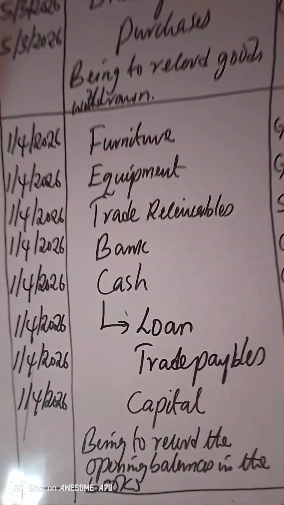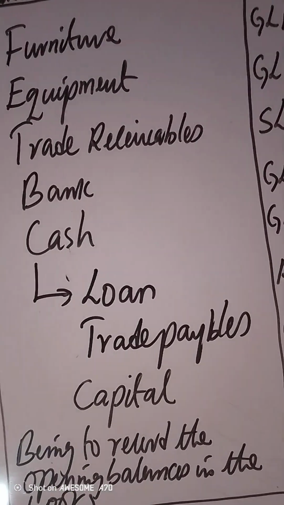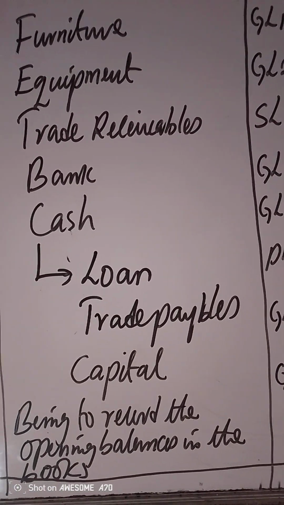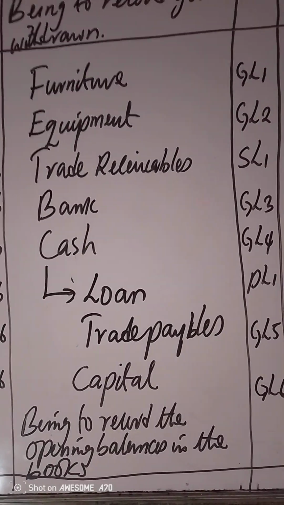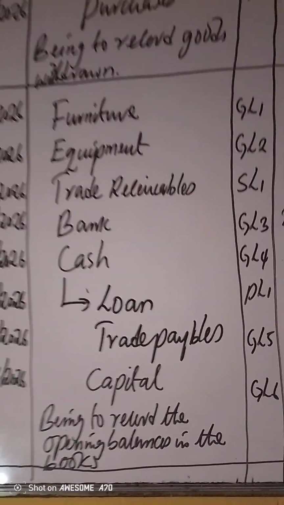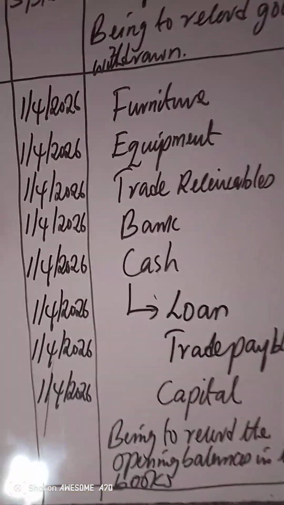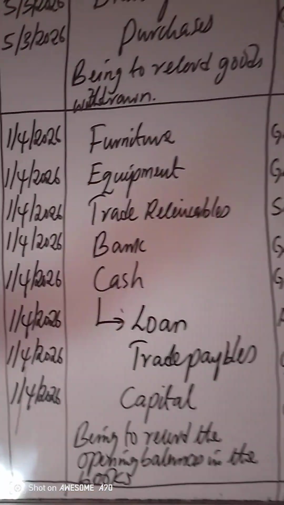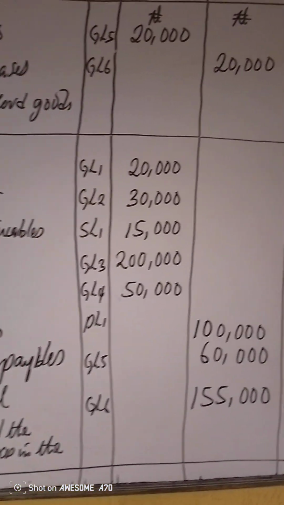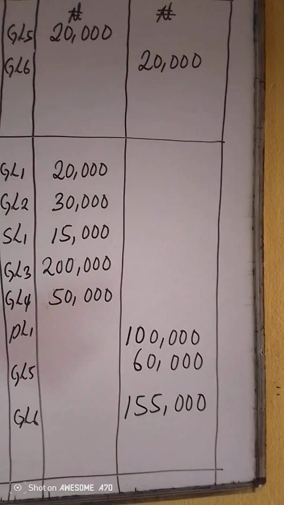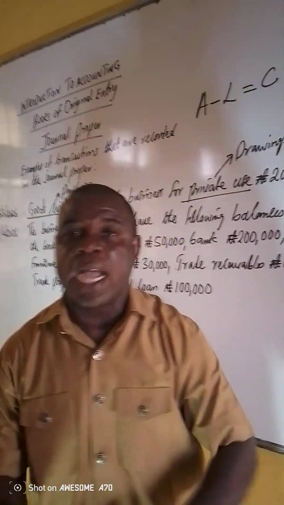So this is how to record opening entries of an already existing business. Simple principle. All assets should be debited and all liabilities should be credited at the opening, and then you find your capital. And mind you, we don't have any other thing in opening entries apart from assets and liabilities, and then possibly capital to make sure the account agrees.